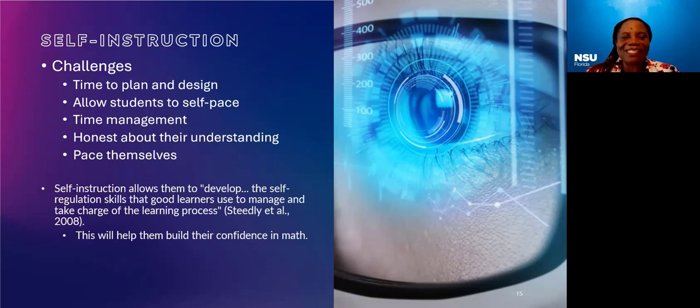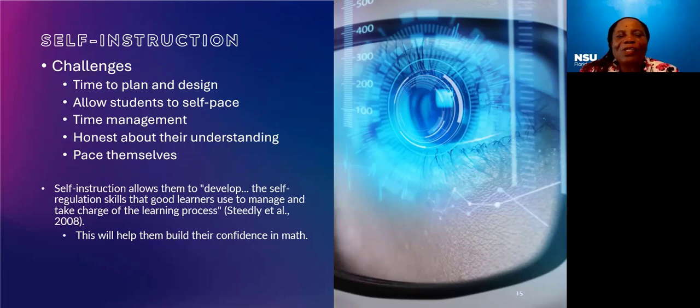And then came the self-instruction. And you notice the first thing, the challenges. They didn't even give me the good ones first, right? They just tell me right away, it's time consuming, self-instruction. We have to plan all of these. We have to allow students to self-pace. You have to think about time management.